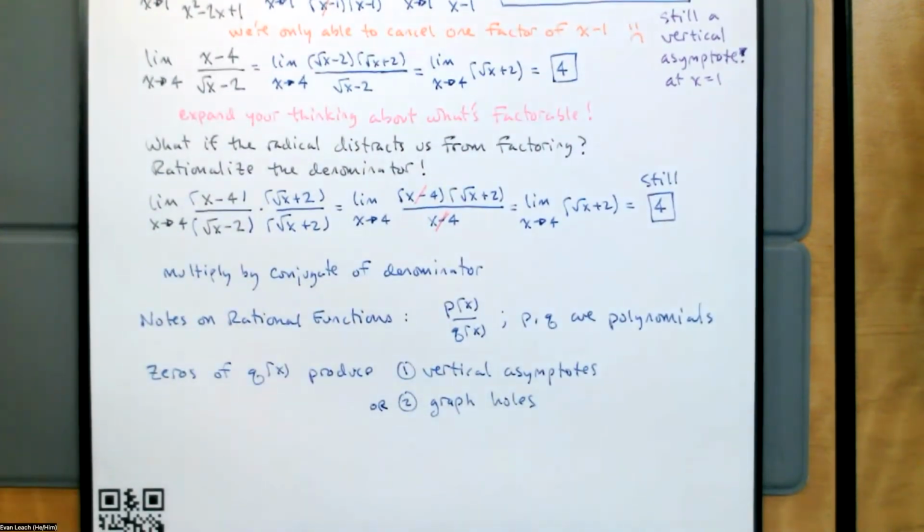Zeros of the denominator will produce holes in the graph or vertical asymptotes.